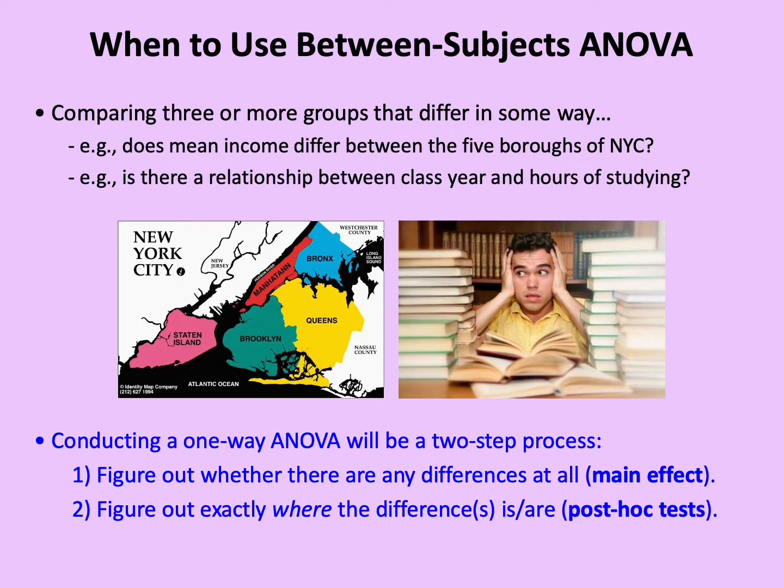Another thing to emphasize is that whenever we conduct a between subjects ANOVA, there are 2 steps in the process. The first is to figure out if there are any differences between our groups.